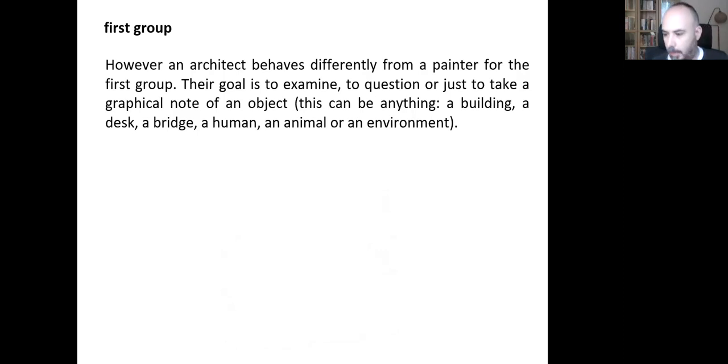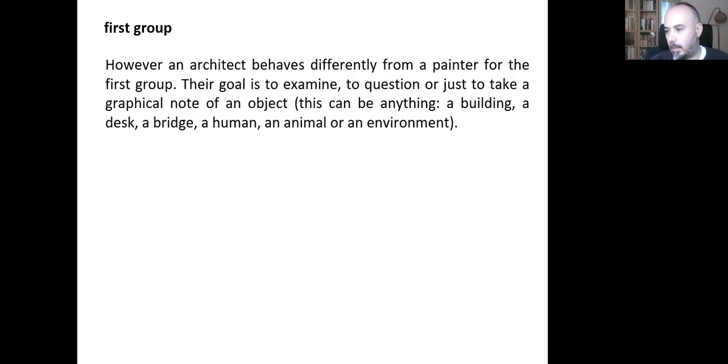This can be anything that interests the architect. It can be a building, a desk, a furniture, a bridge, a human, an animal, or just a scene and an environment. But it has to do something with the architect.